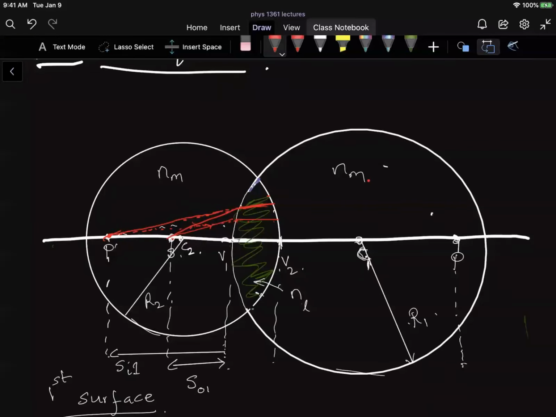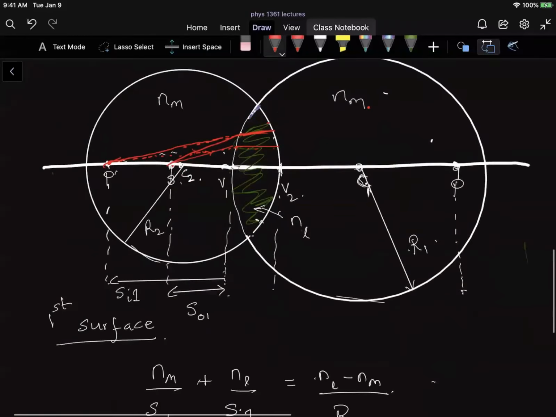Even though P prime appears to be in the medium of refractive index N sub M, what matters is that the rays that it is emanating are traversing a medium whose refractive index is N sub L. And so this will explain in a minute why I write the equations that I do.